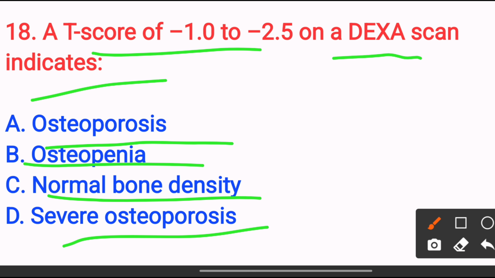Option D, severe osteoporosis. The answer is option B, osteopenia, because WHO defines the osteopenia as a T-score between minus 1.0 and minus 2.5, indicating low bone mass but not severe enough to be called osteoporosis.